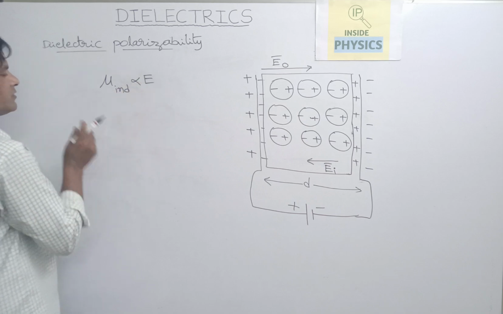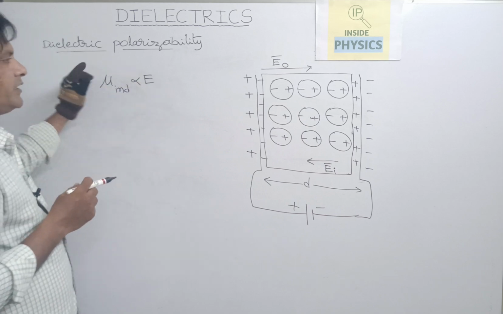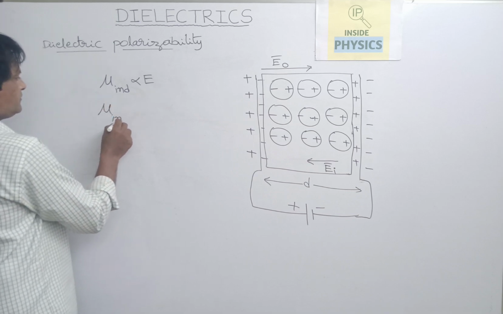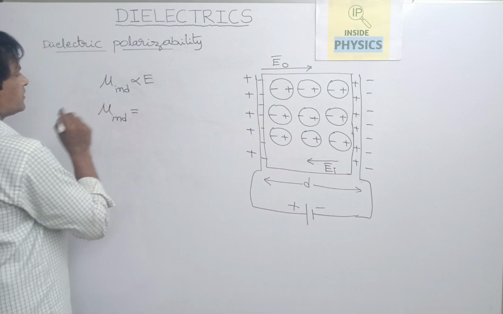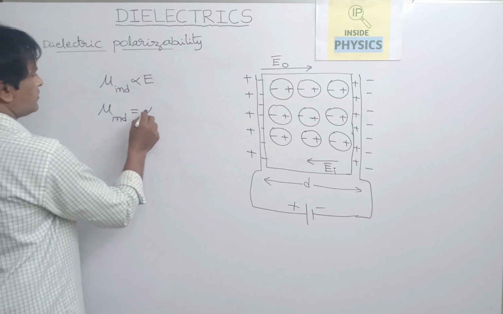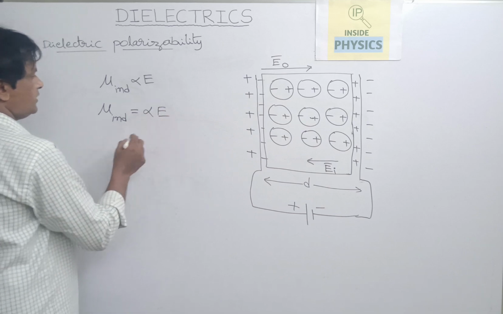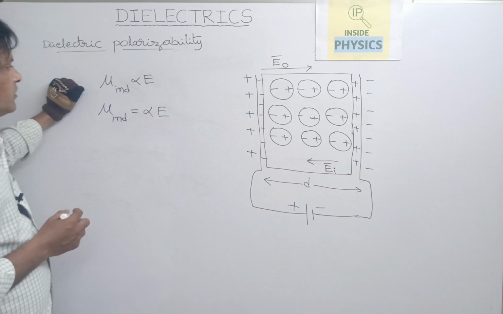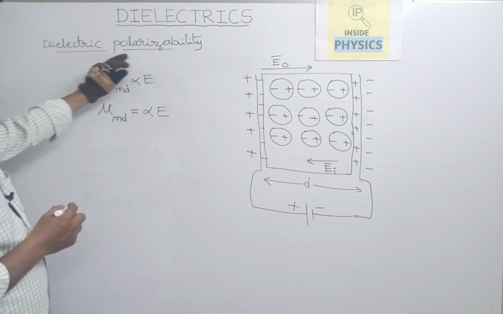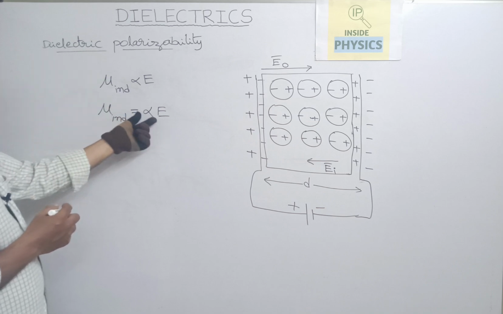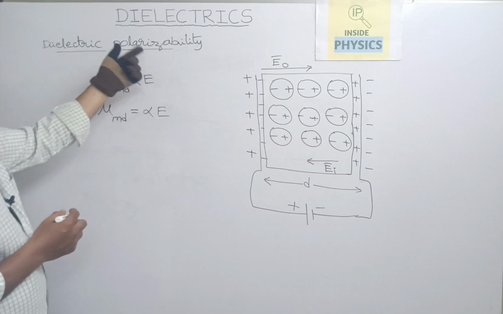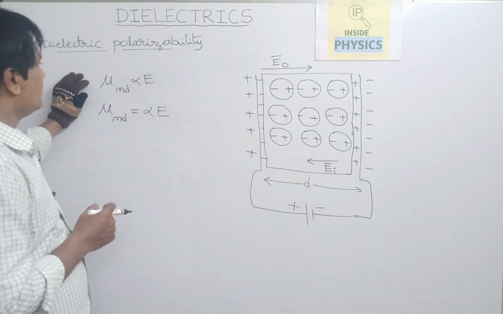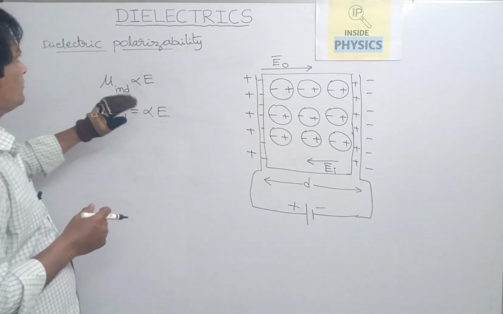Now we need a proportionality constant to make it into an equality. So the induced dipole moment is equal to alpha into E, where alpha is a proportionality constant which is called dielectric polarizability. This is how we define polarizability.